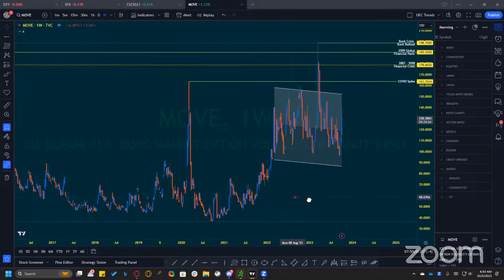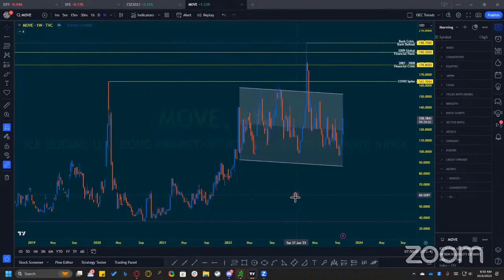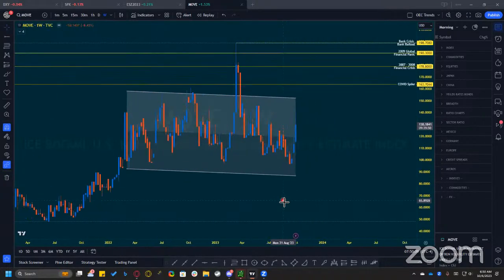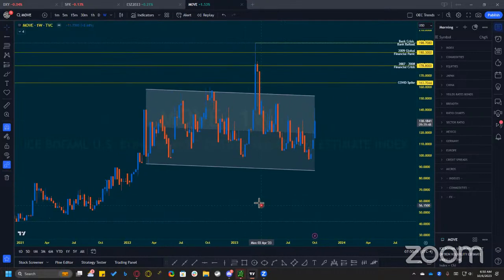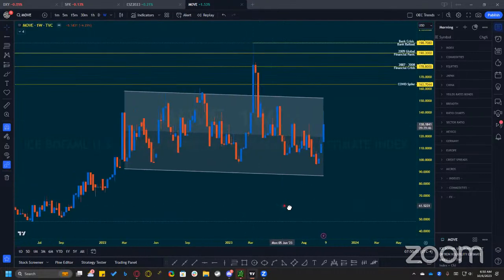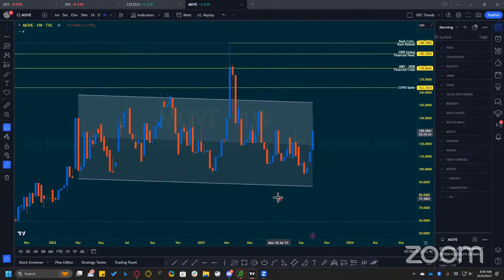But as funny as it sounds, or as much as you would believe with the moves that we've seen in the last week or so in the bond market, the volatility isn't nearly as bad as it was back in March of just this year. So we are at some pretty high levels. Some of the concern is how fast we got to that level, right?